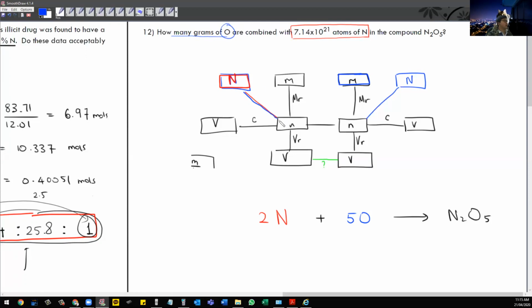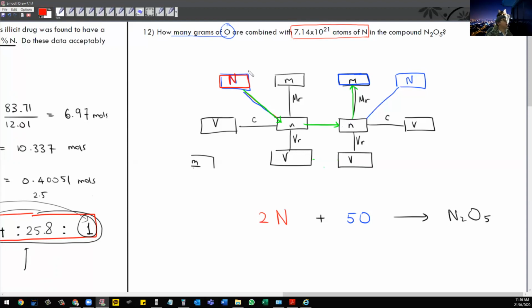So you got to go there to there, and then there to there, and then there to there. That's exactly what we did. One way of doing it is go there, and there, and then there.